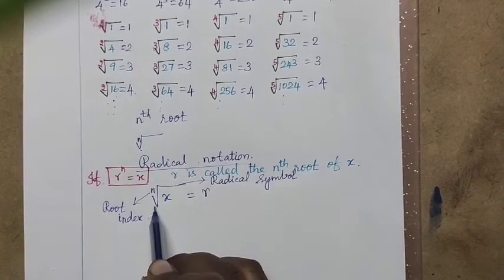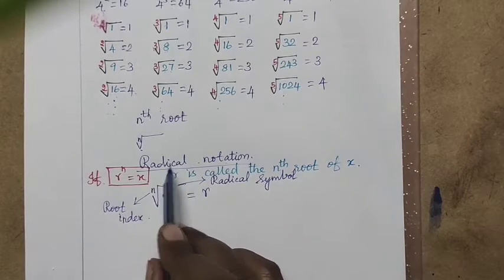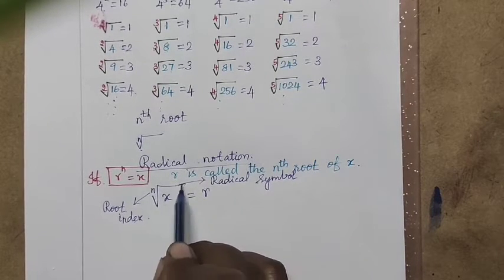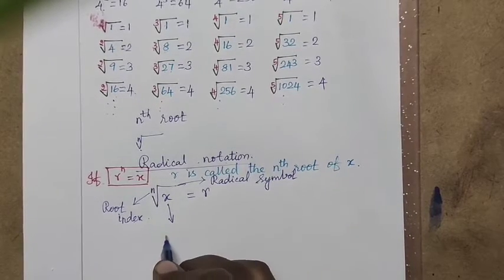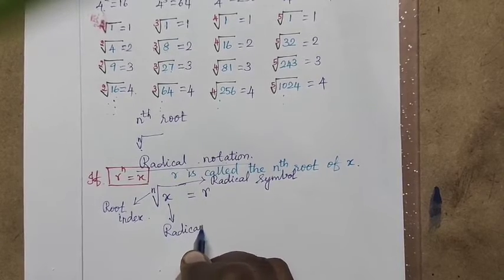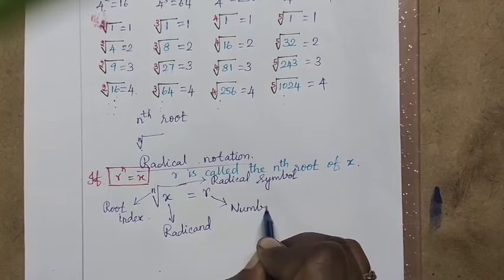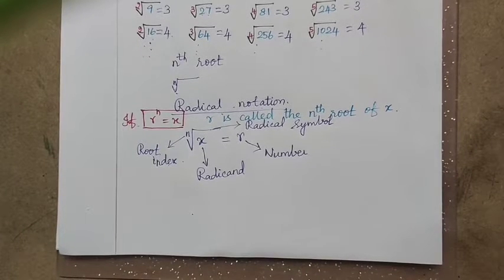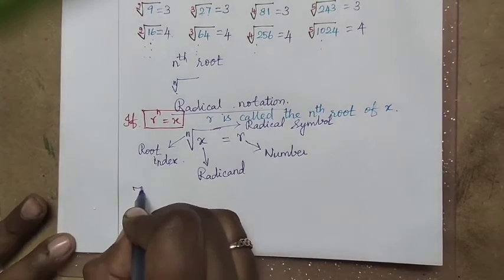If we write a number in this form, it is called a radical notation. Are you clear? This is root index. This is radical symbol. This x is radicand. Okay, this r is a number. One more way of representing the radical notation is there. That is fractional index.